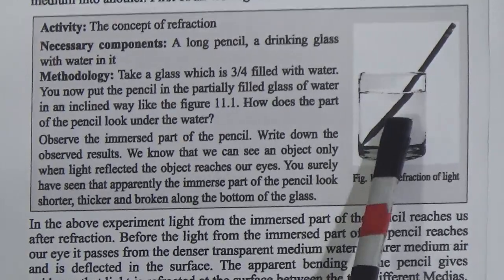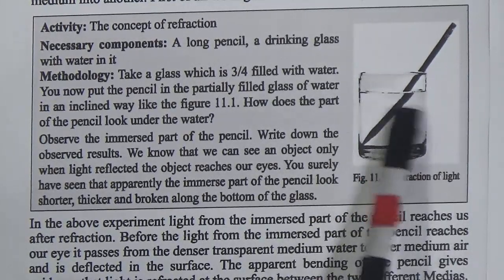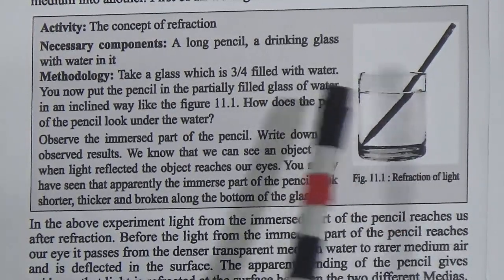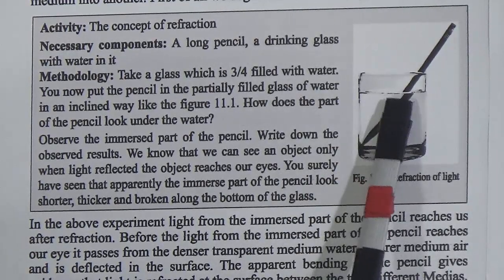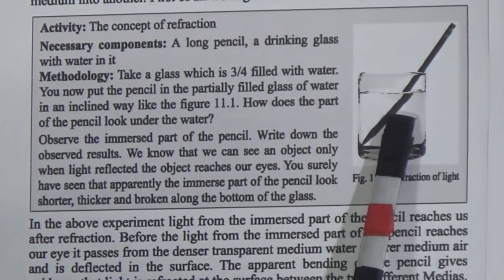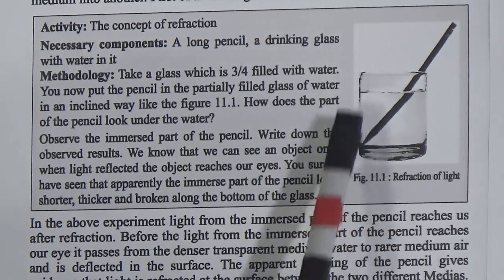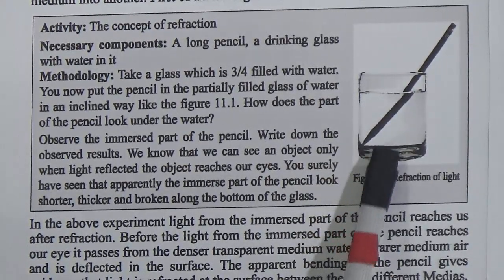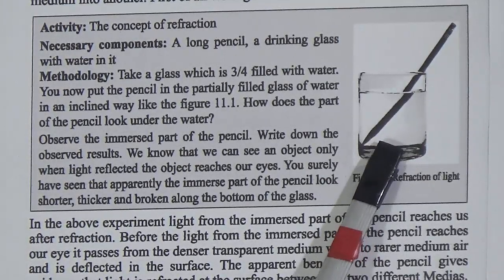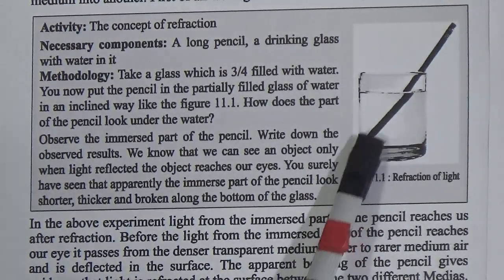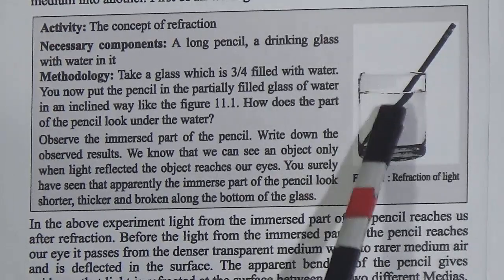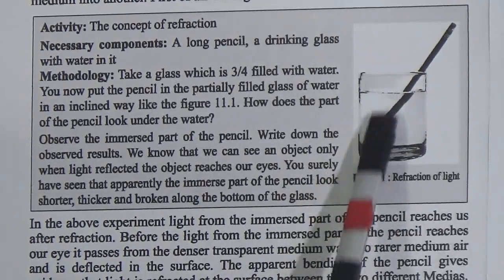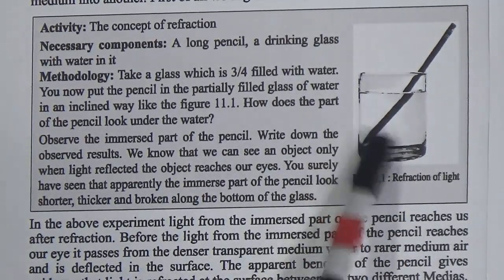Rarer means lighter. When we look at the glass obliquely, the pencil seems to us to be broken, but it is not a real image, it is a virtual image of the pencil. This is caused because of the refraction of light.